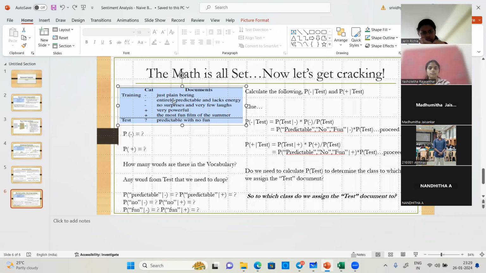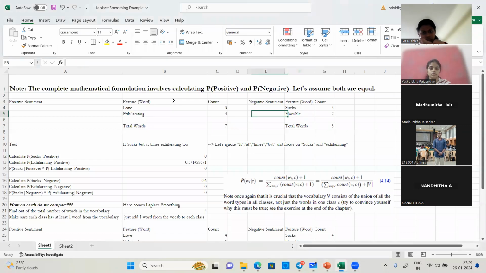Yes. No, look at this. How did we figure out, take this probability of exhilarating given positive? How did we figure this out? 4 by 7. Okay, so what did we do? We took the number of occurrences of the word divided by the total number of words, right? Correct? In that class. So now tell me.